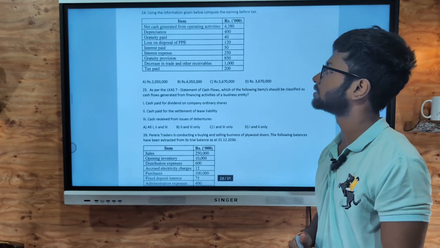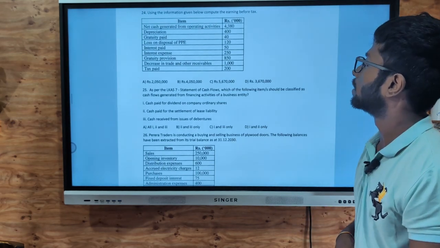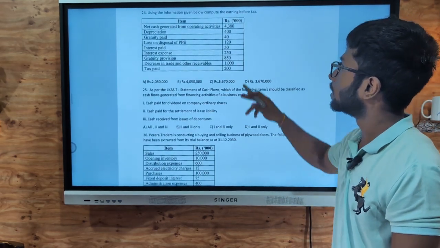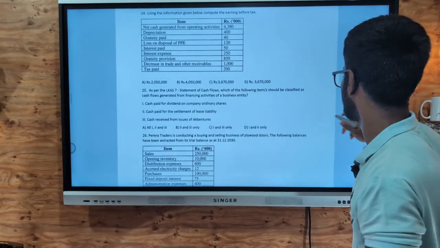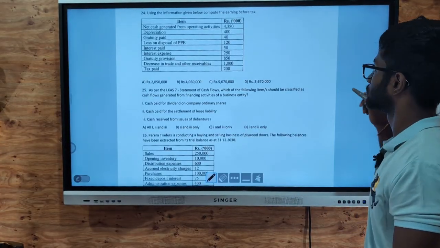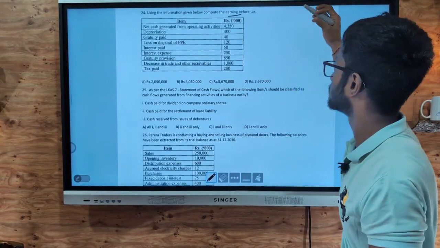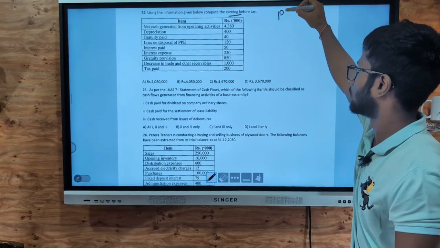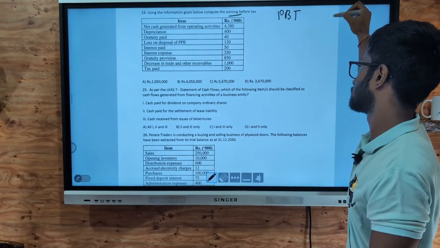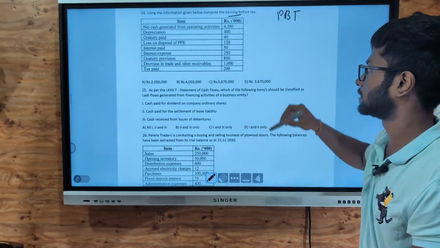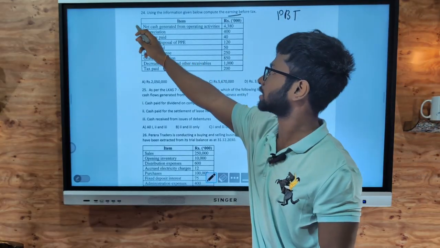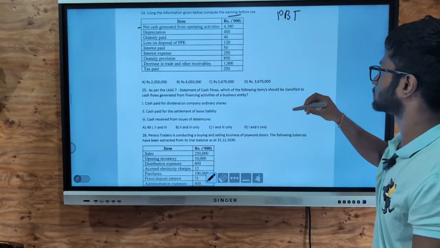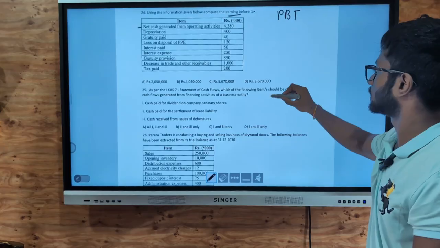So we have to get earnings before tax, profit before tax. This is a bit of a tricky question because normally they give us this, we do the adjustments, and we get net cash flow from operating activities.